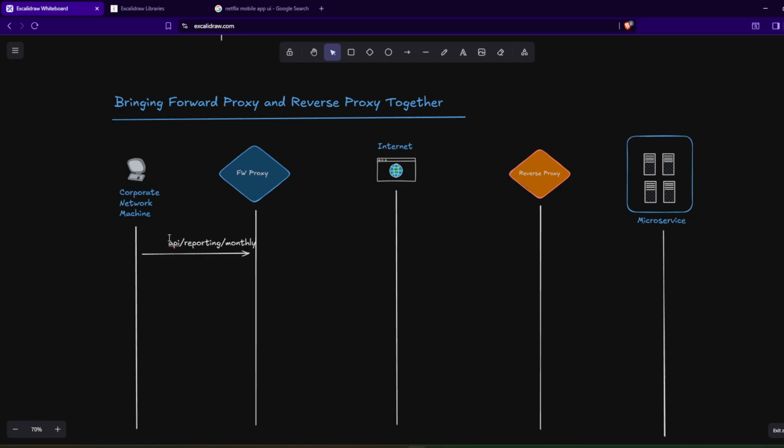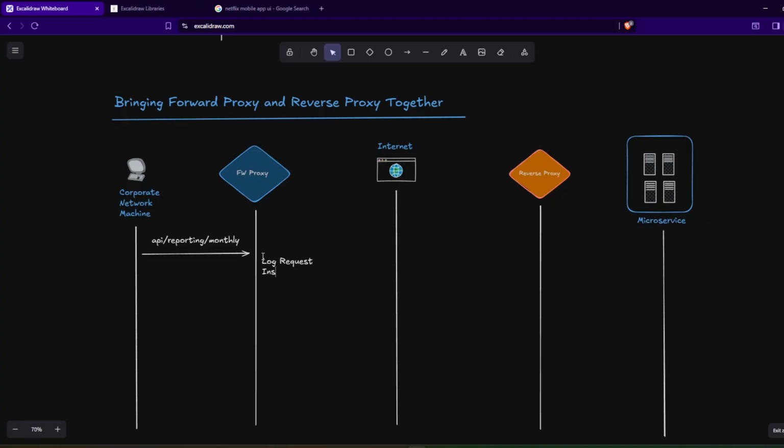So you are trying to reach this API endpoint. At first it will go to the forward proxy. So what are the things that this forward proxy will do? If you remember, it will log the request.